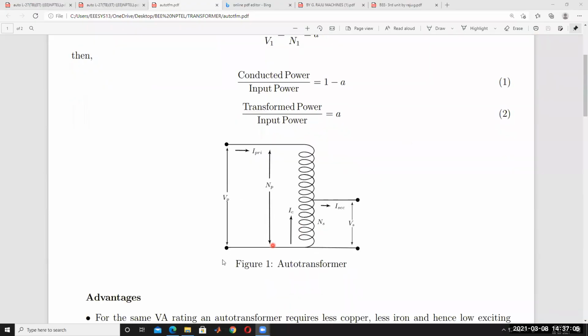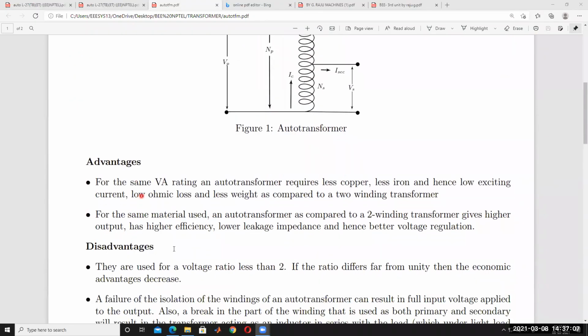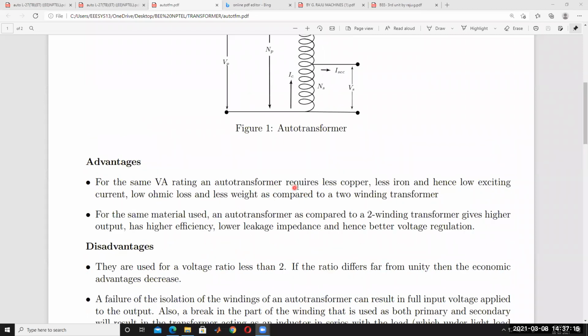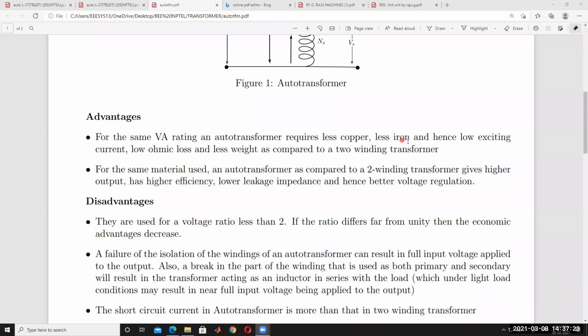So these are the advantages and the disadvantages of an auto transformer. For the same volt ampere rating, an auto transformer requires less copper, less iron, and hence low excitation current, low ohmic losses, and less weight as compared to a two winding transformer.